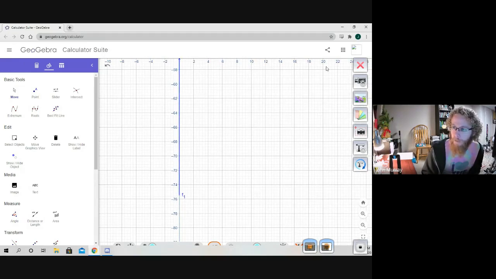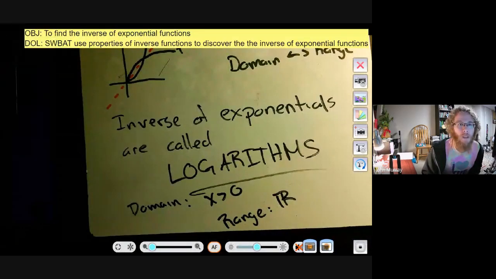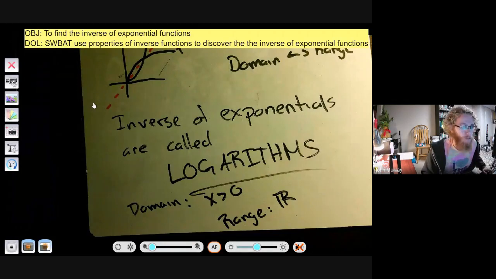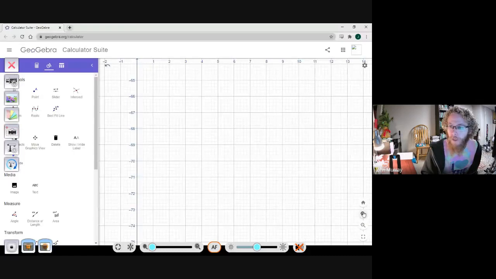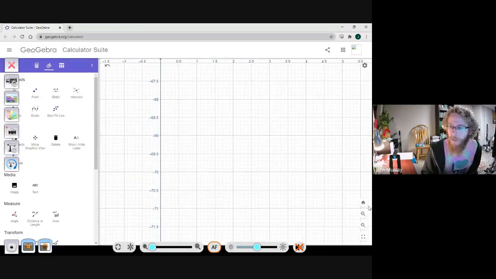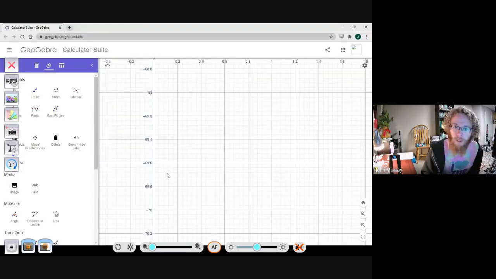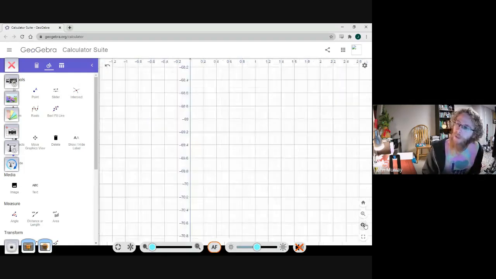Why isn't the zoom working? Oh, that's why. Hold on, let me move that. Oh, it actually disappears there. But it'll be really close to that x-axis. There's a line there, trust me.